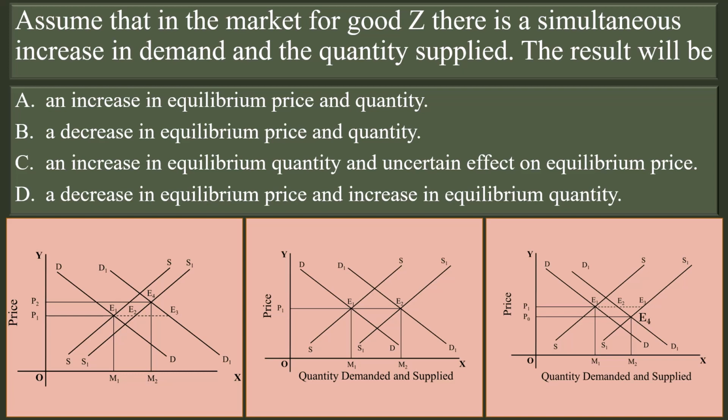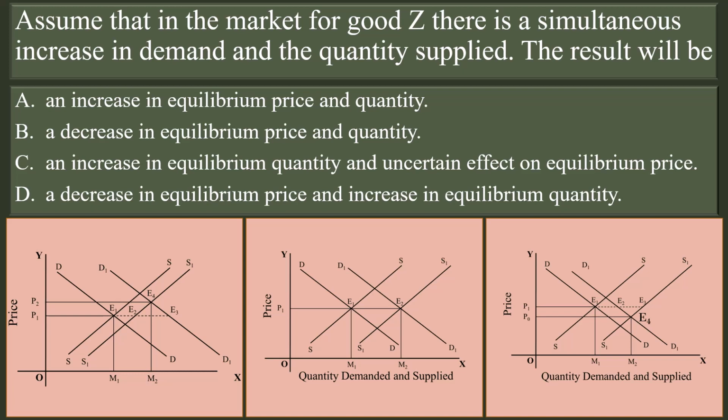In the first case, the left extreme graph, initial equilibrium E1, equilibrium quantity M1, price P1. After an increase in demand and supply, new equilibrium is at E4, new quantity M2, which is greater than M1, there is an increase in quantity, the new price is P2, which is higher than P1.